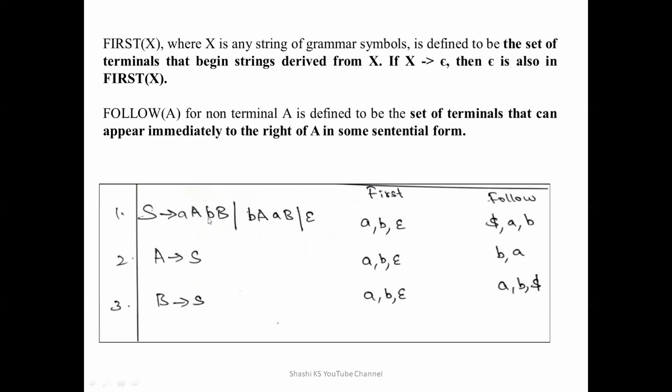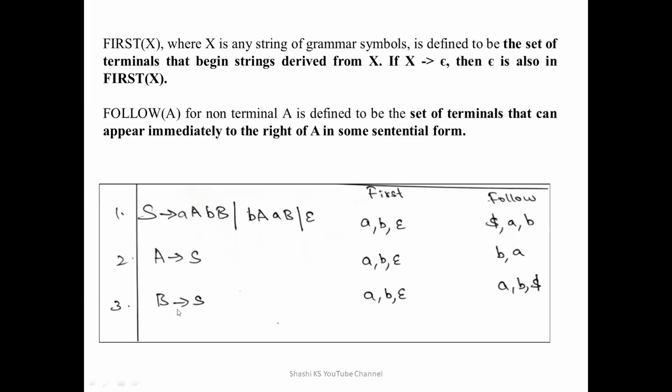Follow of A is actually first of small b and capital B, and first of small b and capital B is b. Similarly, here follow of A is first of small a and capital B, which is nothing but small a. So follow of A is small a and small b. Since follow of S is equal to follow of A and follow of S is equal to follow of B, follow of S is equal to a and b.